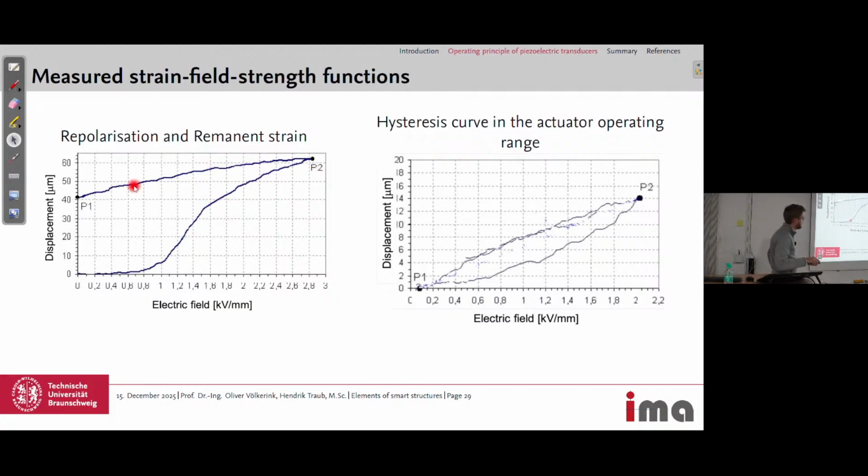And also here, it's not from the same experiment. It's in the operation of the actuator. So we're not going up to 2.8 kilovolts per millimeter, but just up to about 2 kilovolts per millimeter, and can use a displacement of 40 micrometers in this specific case. But we will also have a look in the live experiment, hopefully afterwards.